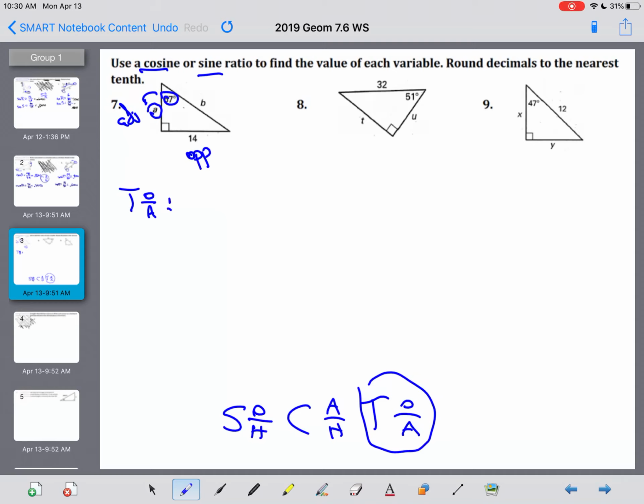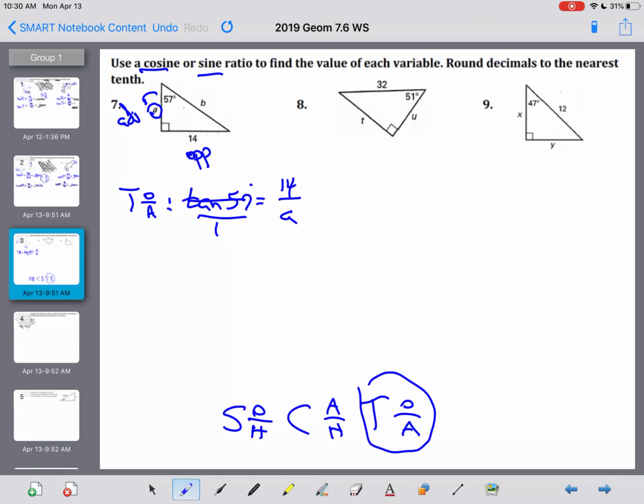So if I use TOA, then I'm going to say it's the tangent of, now I can't read what that was here, 57. So I'm going to say the tangent of 57 degrees over 1 equals 14 over little a.